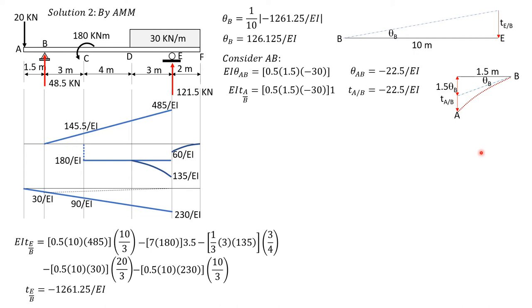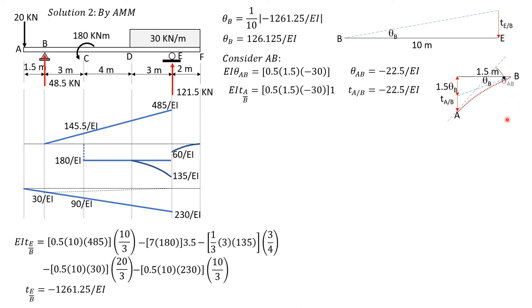So analyzing, we draw the line tangent to A. Then from the tangent at A to the tangent at B, because theta AB is negative, it should be clockwise. So the tangent at A should intersect the tangent at B. Then it should be above, so that when we measure this angle, it is clockwise.